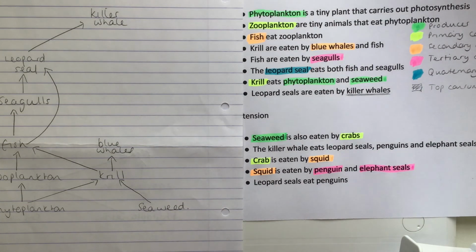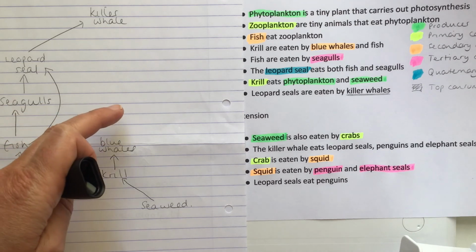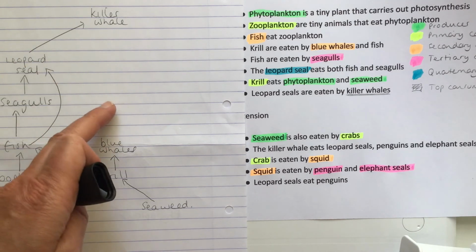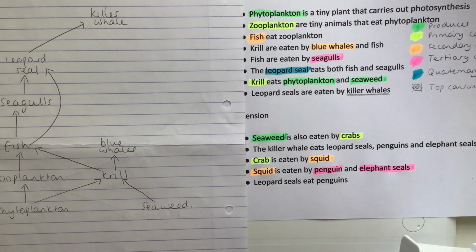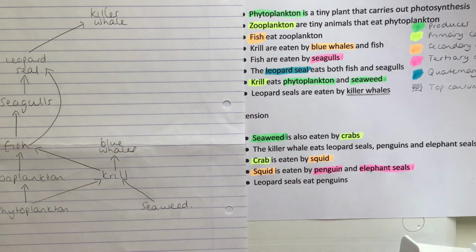And it says that the leopard seals eat penguins. So that would suggest, we've already got our leopard seal in here, that the leopard seal is a level above a penguin. And then it says the killer whale eats the leopard seals and the penguins and the elephant seals.